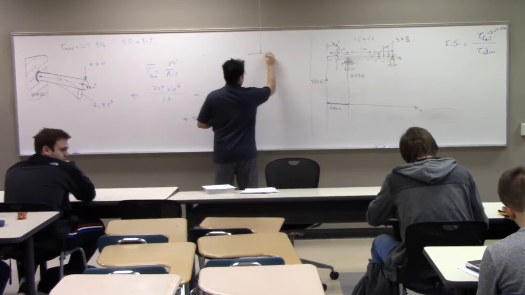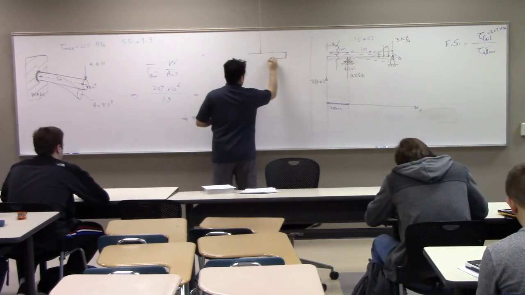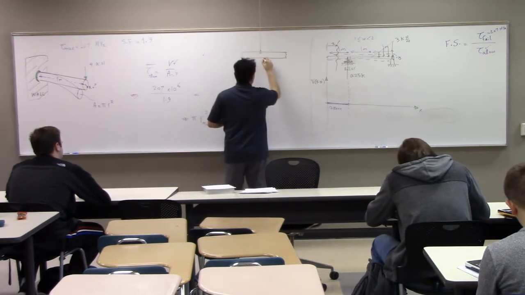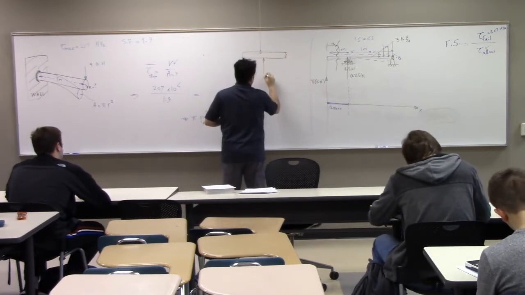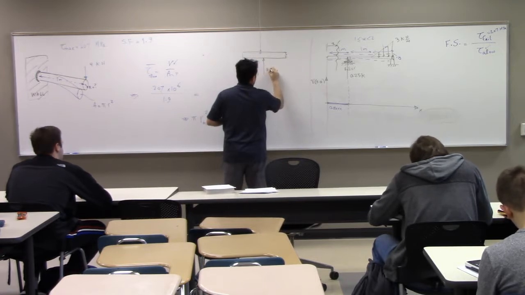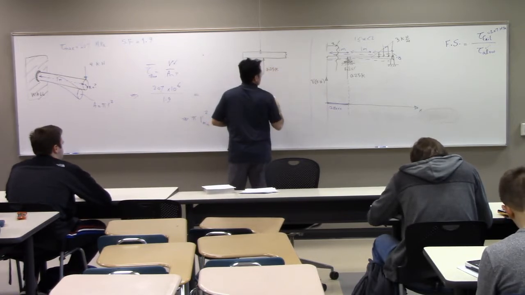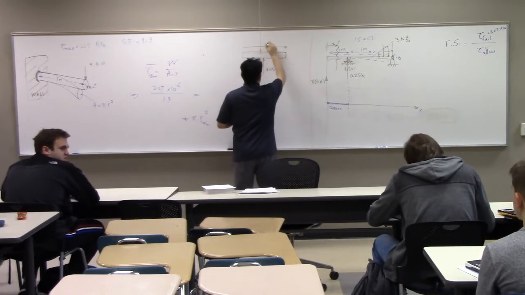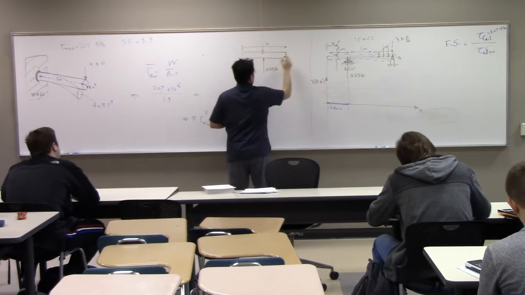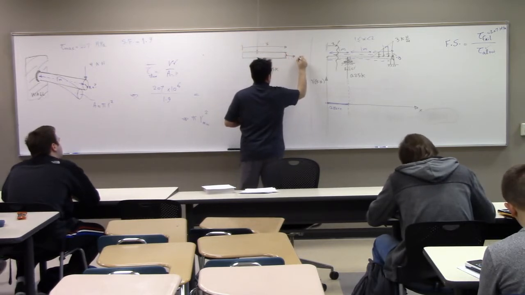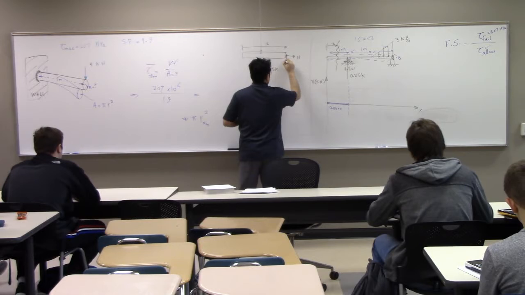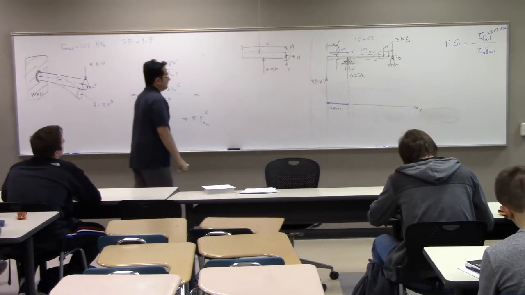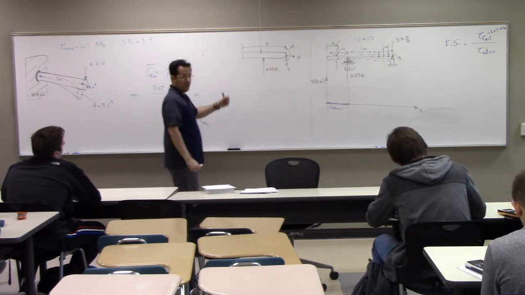So I draw it here. This is AY, which is 0.25K. And from here to here is x, again N, V, and M. And that's all I have.